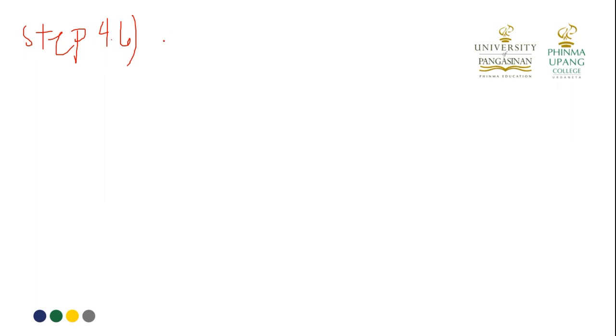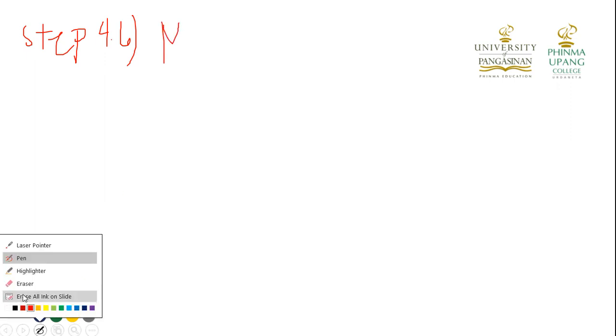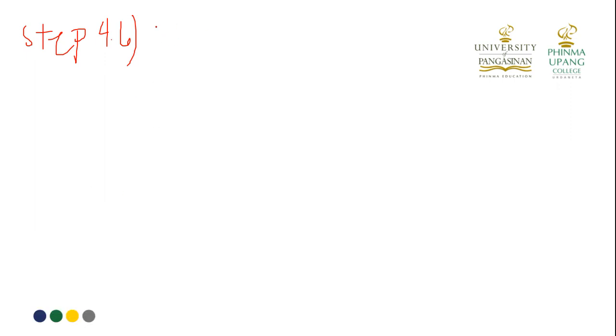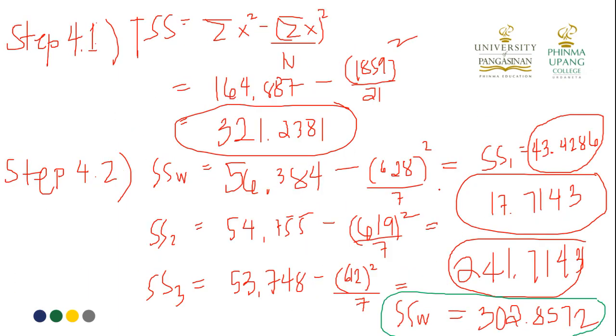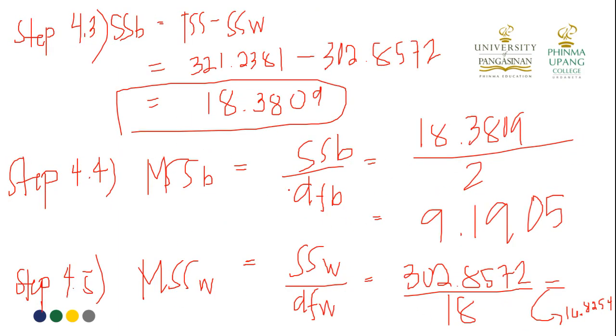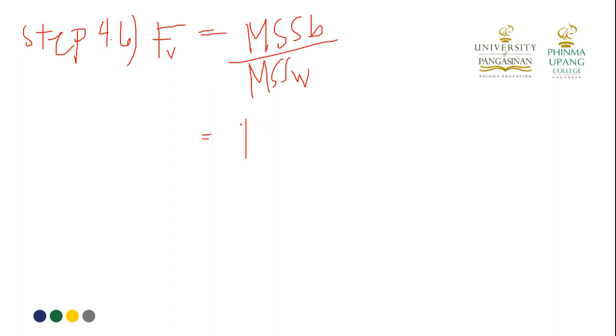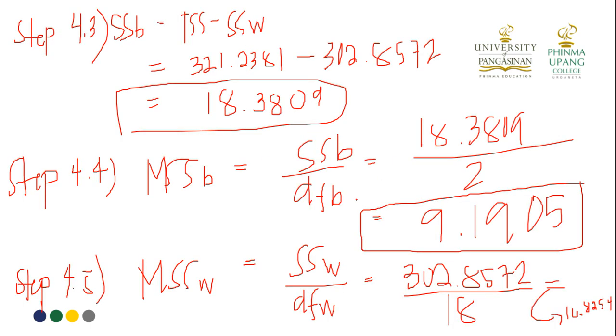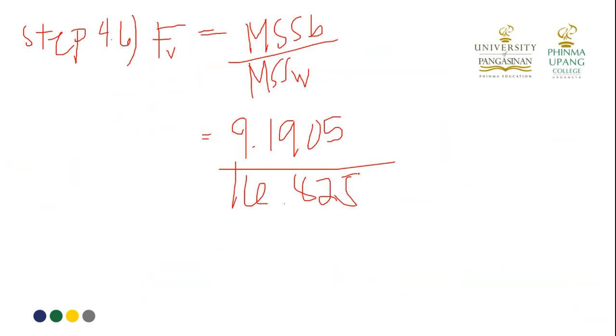4.6 na po. Ito na yung F value. I-divide lang natin yung MSSB sa MSSW. So, yung SSB natin ilan na yun? 9.1905 divide sa 16.8254.